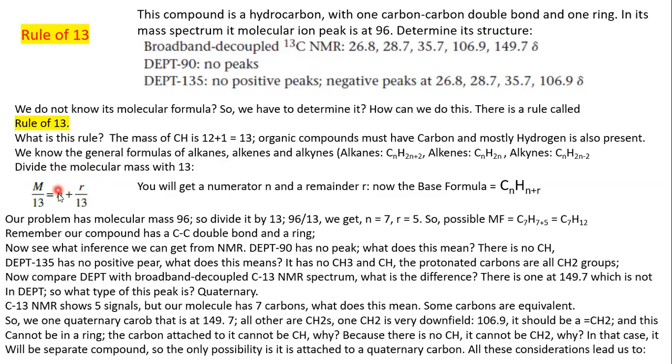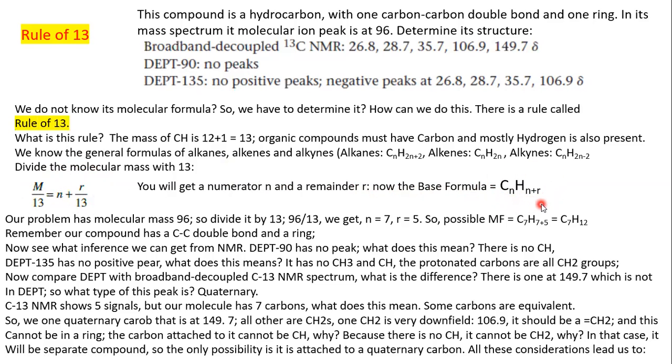You will be having a number that is known as a numerator, and you will be having another number that is the remainder. Based on this, your base formula will be this, possibly your molecular formula, but some more work we are going to do on this.